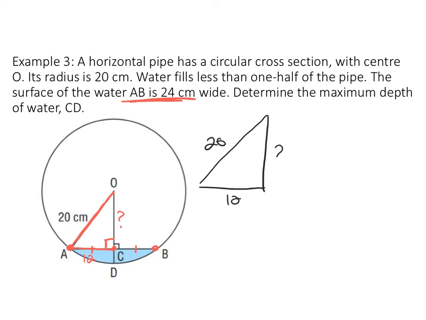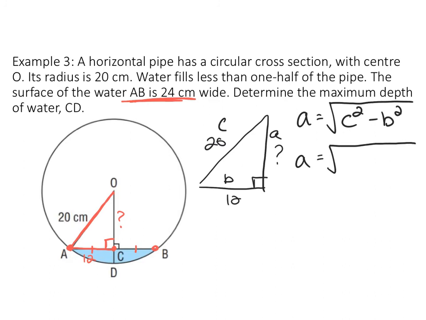I'm trying to find this side. I'm going to label C, B, and A. So just like last time, A equals the square root of C squared minus B squared. So A is going to be the square root of 20 squared minus 12 squared.